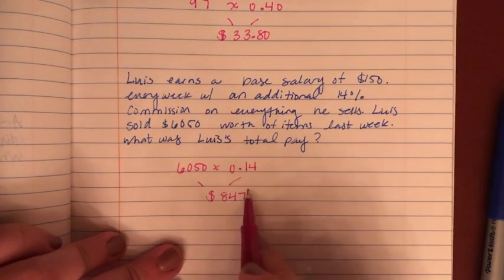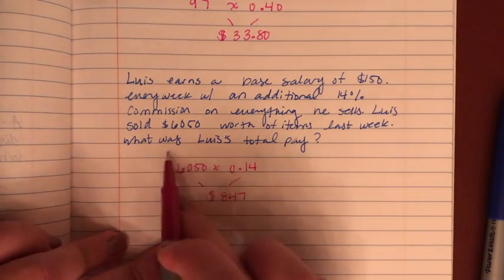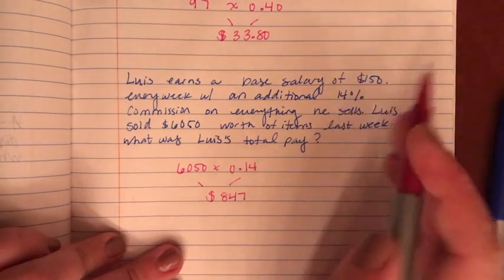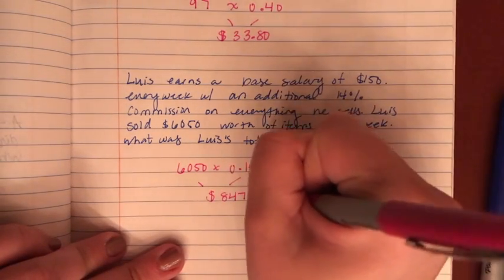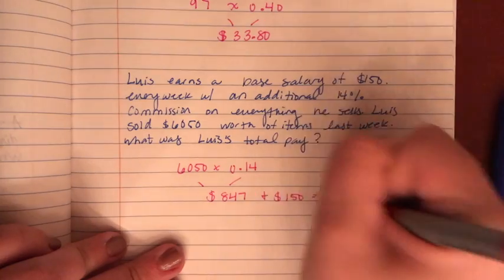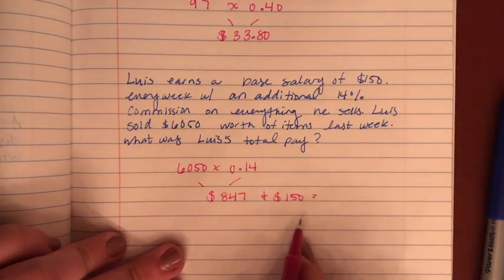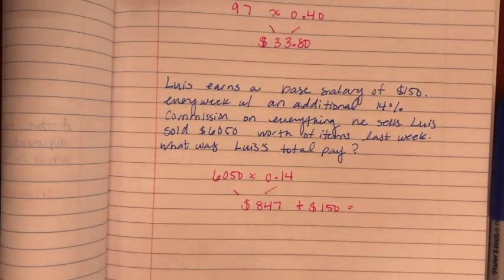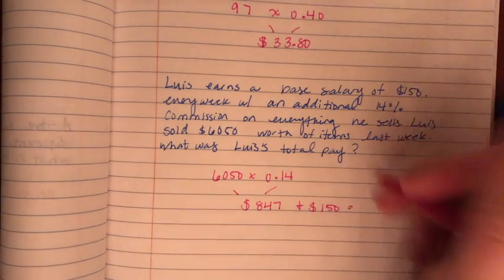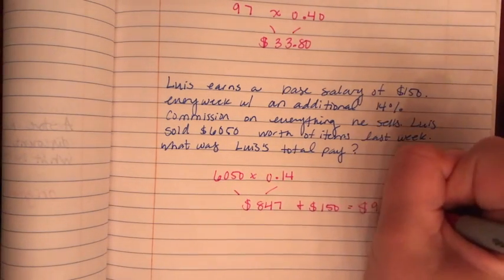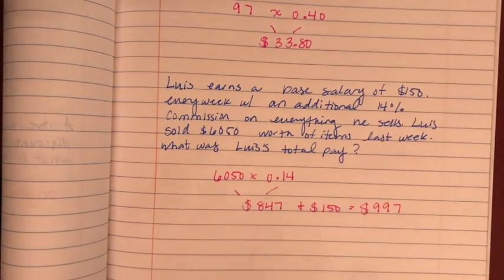Then we're not just trying to figure out what's the extra he gets paid. We want to add it to his base salary. So we're going to add that to his $150. And from there, let's see, what do I get when I add those together? If we do 847 plus 150, he would make $997 as his total for that week.